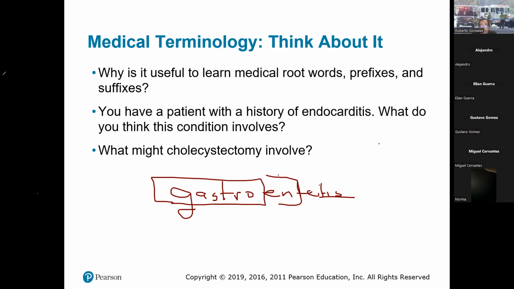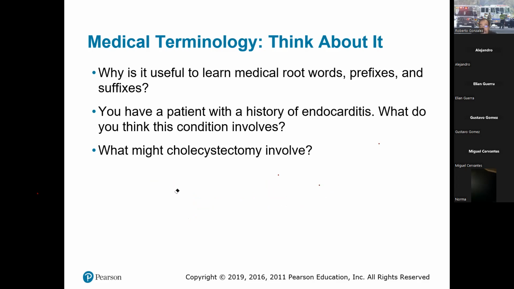I can't tell you you have a tummy ache and then charge you $75 per visit. What I can do is tell you you have a mild case of gastroenteritis. You won't know the difference, and I can still charge you $75.